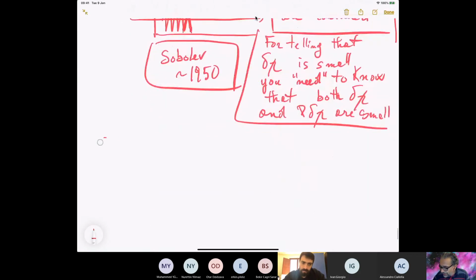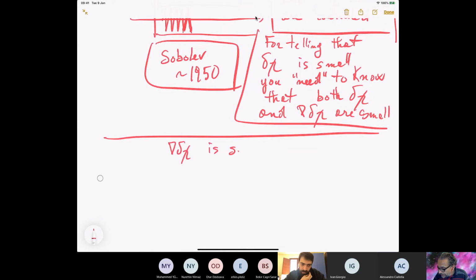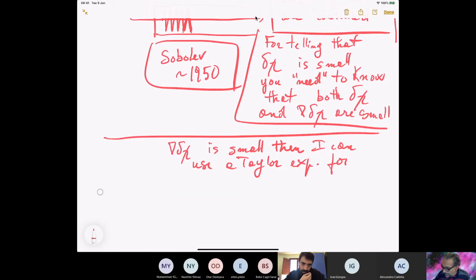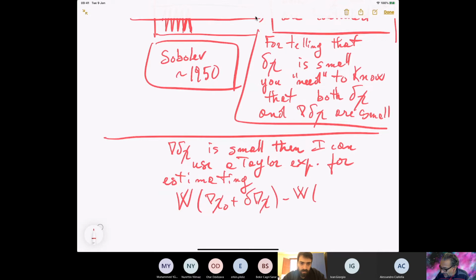Now the idea of Lagrange is, if grad delta psi is small, then I can use a Taylor expansion for estimating W of grad psi 0 plus delta grad psi minus W of grad psi 0.